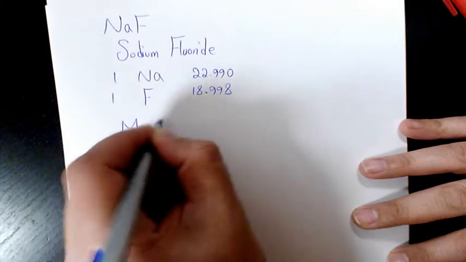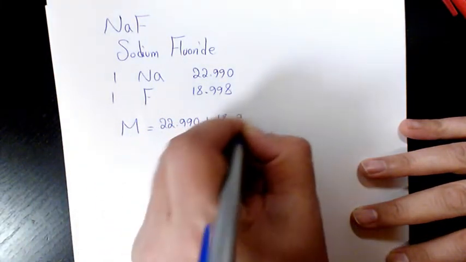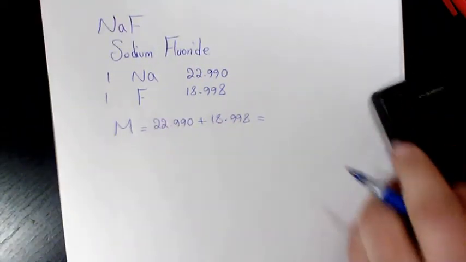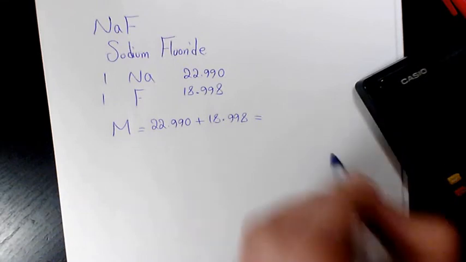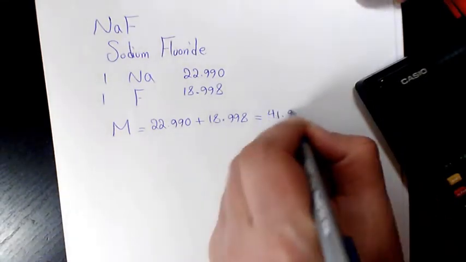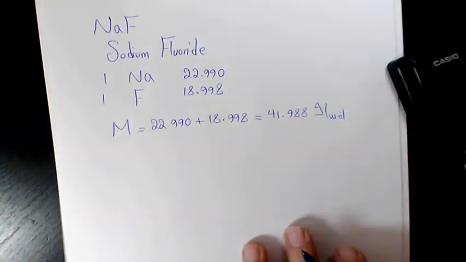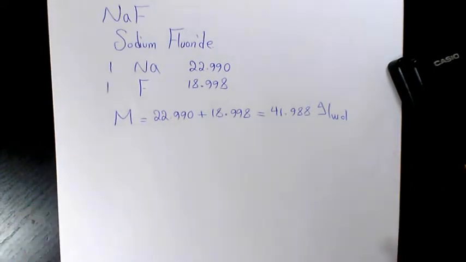So molar mass is going to be 22.990 plus 18.998 because we have 1 atom from each. So 22.99 plus 18.998. That's going to be 41.988 grams per mole. So 1 mole of sodium fluoride is equivalent to 41.988 grams.